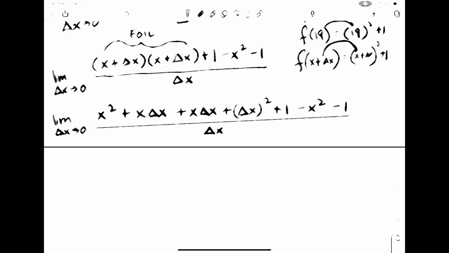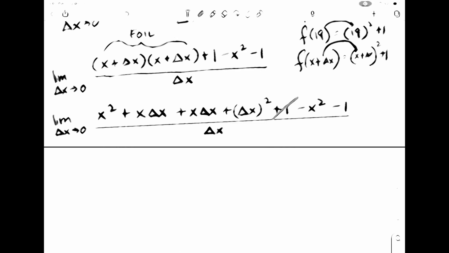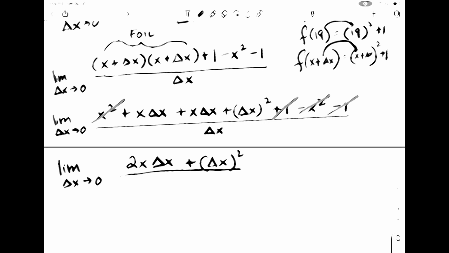Now, I can already tell you we're going to have some cancellations. I see plus 1 and minus 1 cancel. I see x squared and minus x squared cancel. So I can simplify this to the limit as delta x goes to 0 of 2x delta x plus delta x squared, divided by delta x.